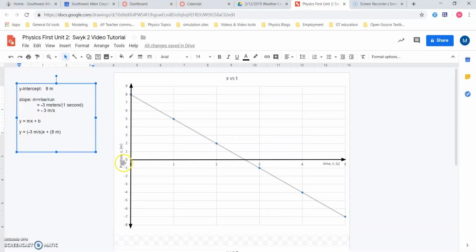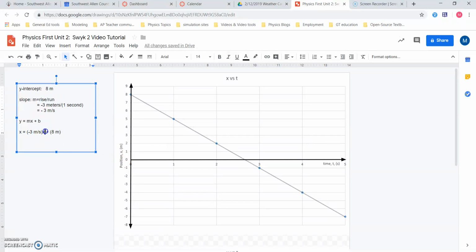And instead of using a p, we're going to use an x for position. So over here, the y is really going to be x, the position. I could have used any variable, but traditionally we use x because if you think about this like being a buggy or something, the buggy moves along the floor, and that's horizontal, and we usually call the horizontal x.